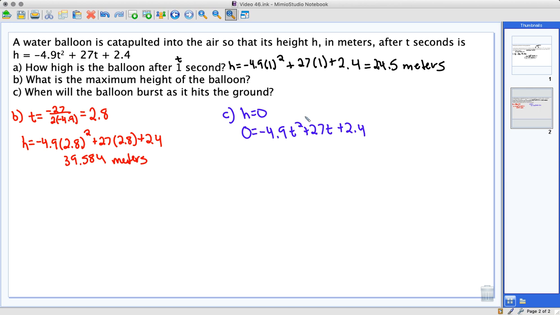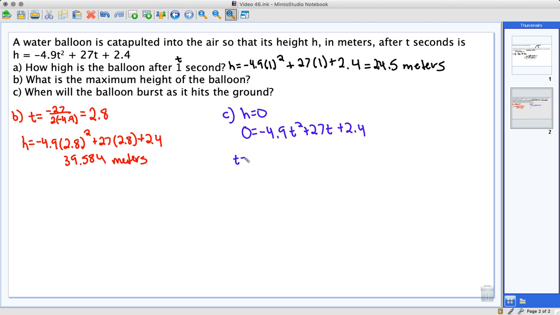Using one of the ways that you've learned to solve, whether that's factoring, square rooting, completing the square, or the quadratic formula. For a problem like this that has decimals, the easiest one to do is the quadratic formula.